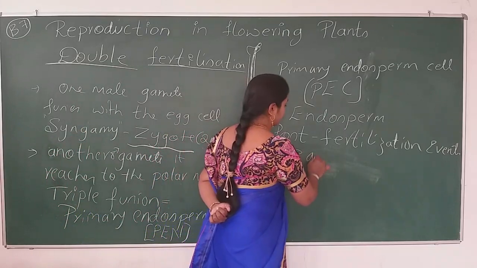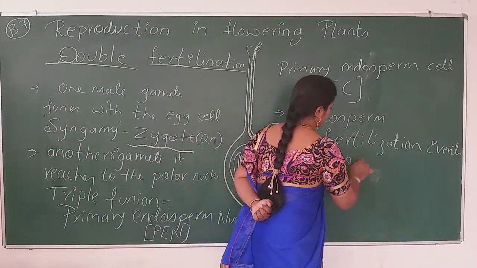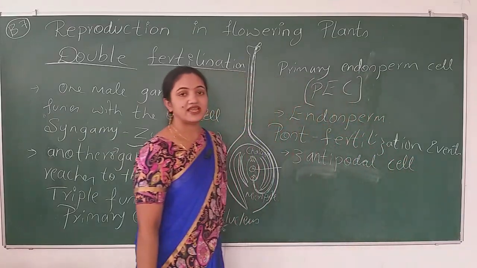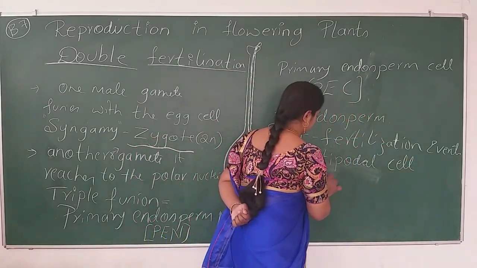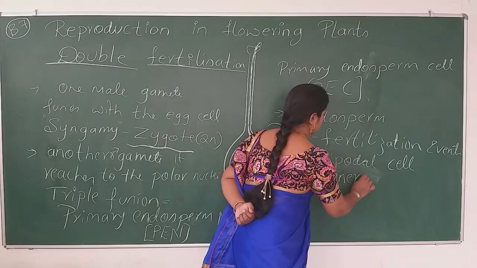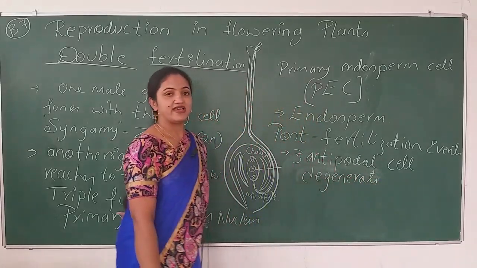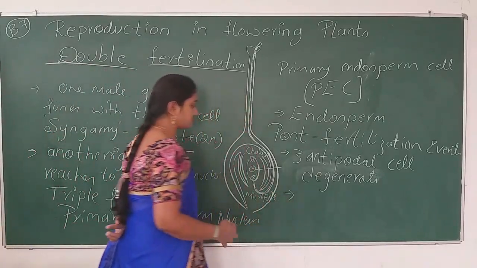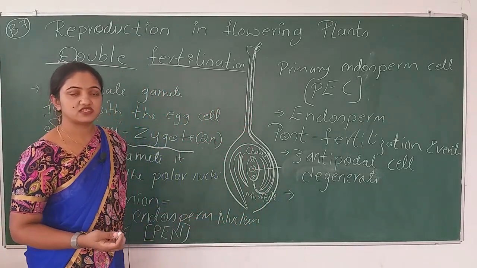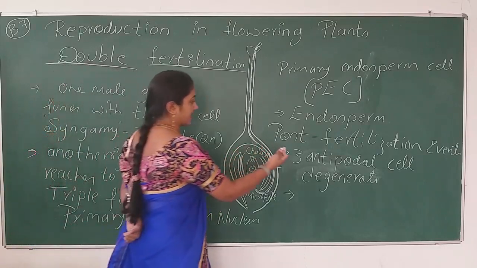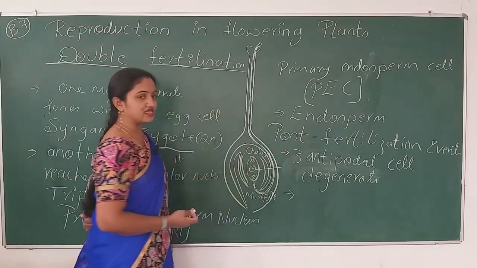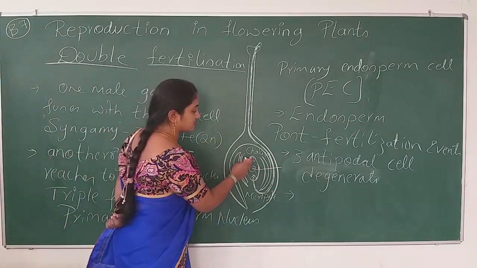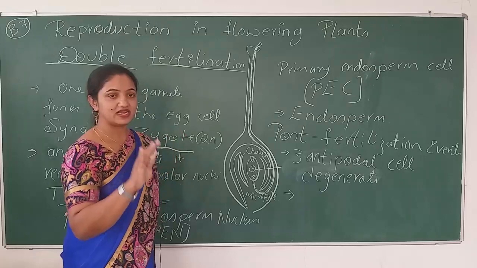The three antipodal cells degenerate. They just disintegrate, because their work is done now and the fertilization is over.